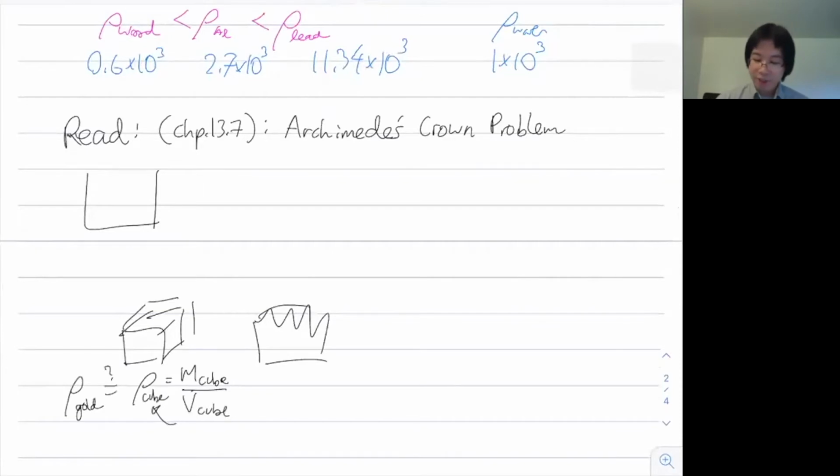However, if you have something shaped irregularly, like a crown, how can you find the density? How can you find the volume? You can probably weigh the mass of this thing. You can put it on a scale, and let's say the scale reads 14.7 kilograms. That's the weight. Actually, one thing you learned yesterday is that it's not really the actual weight because it's surrounded by air.